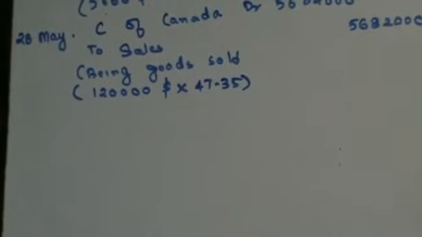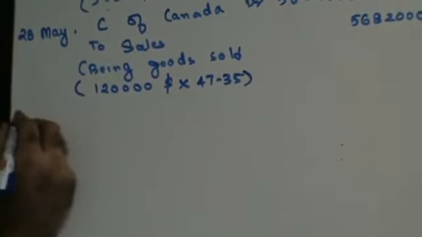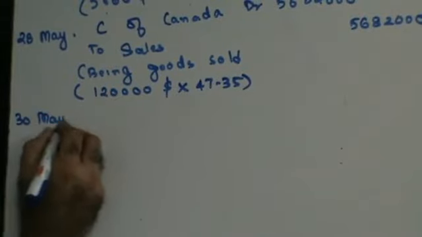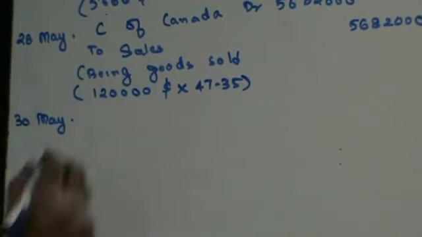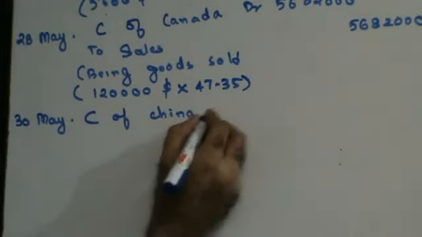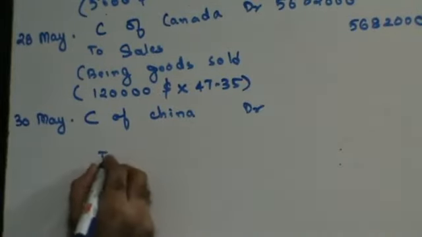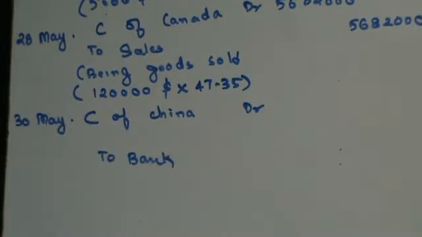Now payment is made on 30th May. You are paying. Debit what comes in, credit what goes out. Money is going out, debit the receiver. Now observe very carefully guys. Sea of China account debit to bank.